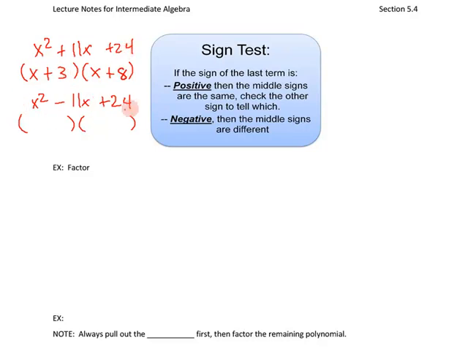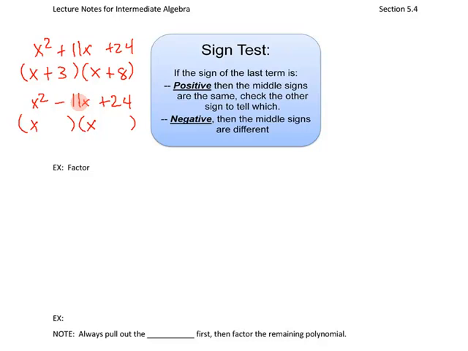Now how would I factor this one? Notice that the outsides would have to add together to give me a negative. But the lasts have to multiply together to give me a positive. Now how can I get two things to add together to be negative but multiply together to be positive? Well, what you remember is that when two things multiply together to give me a positive, they just have to be the same sign.